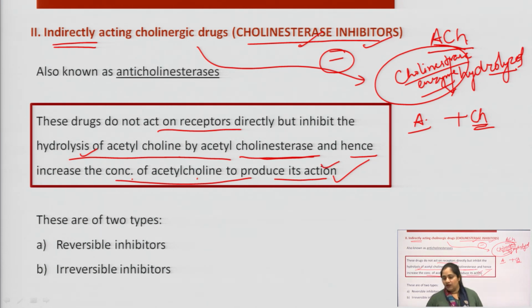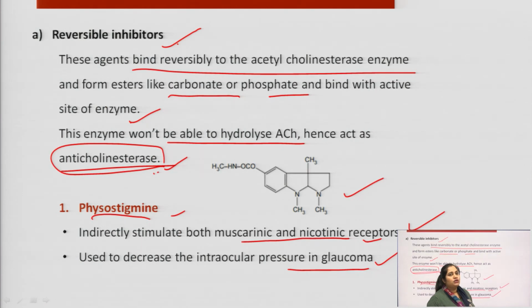Two types are there, reversible and irreversible. When we talk about reversible, these agents will bind reversibly. Once they bind to the enzyme and possess their action, they will leave the enzyme. They are anticholinesterases and the example is physostigmine.